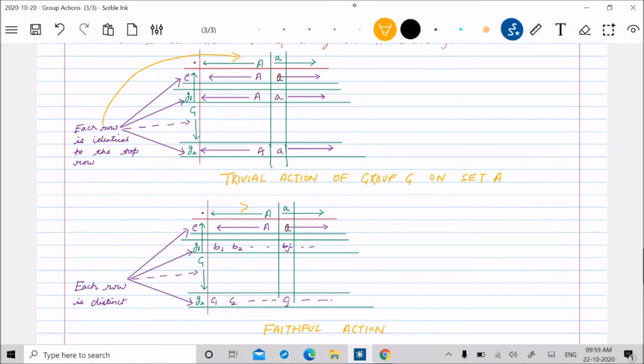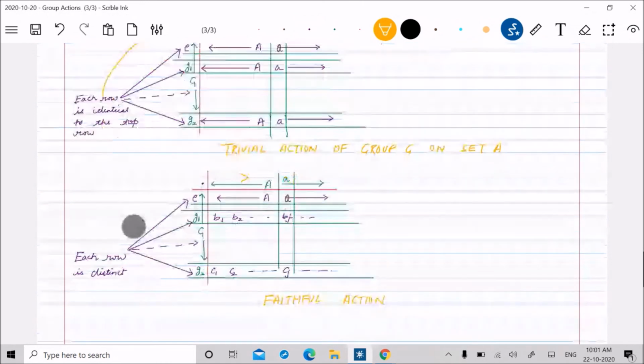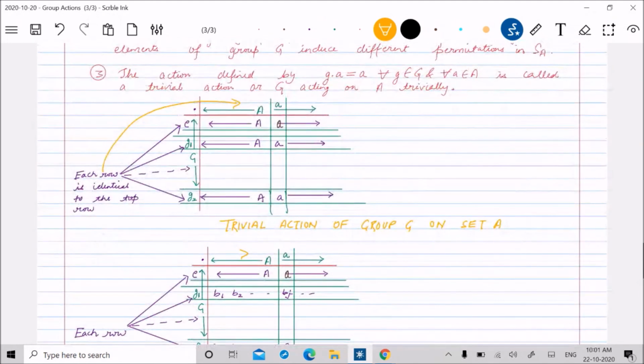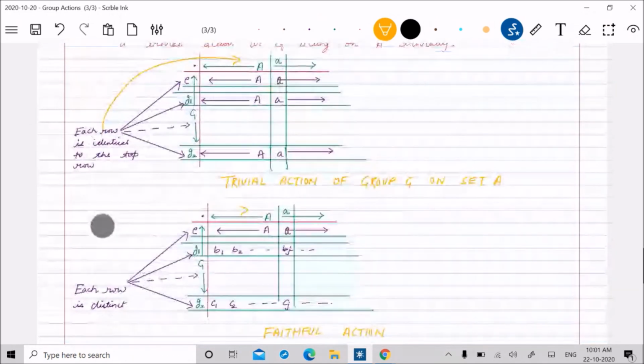Try to remember these pictures actually, because pictures tell a lot and they are remembered for a long time, right? So if all rows are distinct in the composition table of group action, you call it faithful action. And if all rows are the same, then you call it trivial action, right?